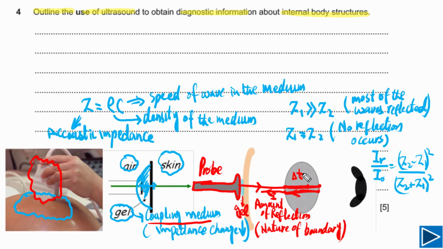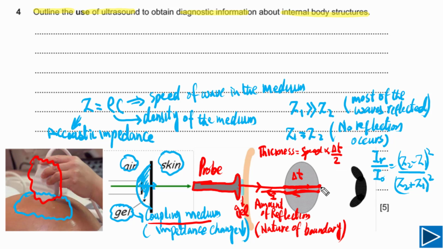Based on this time delay, we can find the thickness of the tissue if we know the speed of the wave in the medium. So simply, thickness equals speed times delay time, the gap of time between two pulses, divided by 2. So we can find the thickness of the tissue.